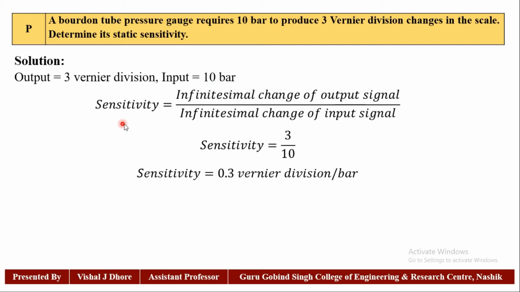The sensitivity formula is the infinitesimal change of output signal divided by the infinitesimal change of input signal. So the change of output is 3 vernier divisions divided by the input of 10 bar. So 3 divided by 10 gives a sensitivity of 0.3 vernier division per bar.